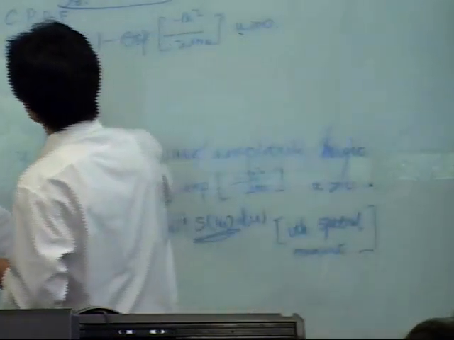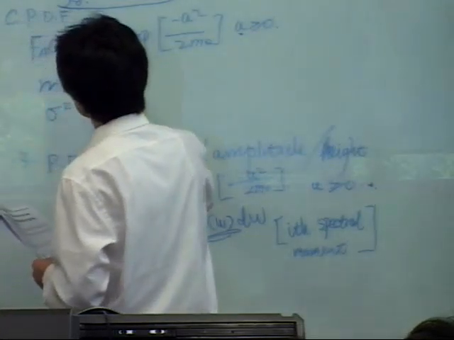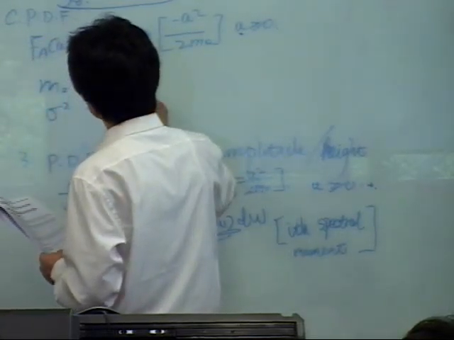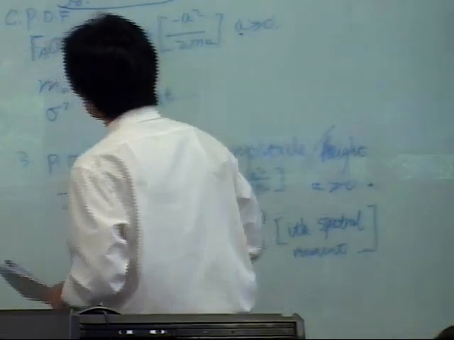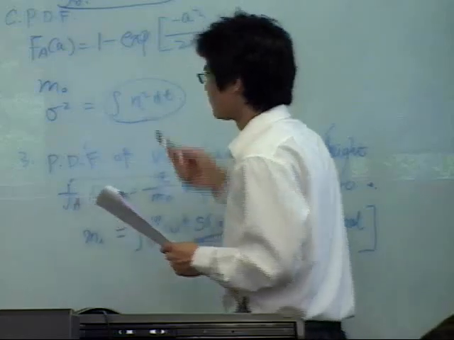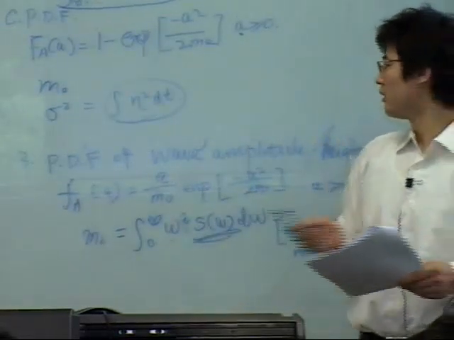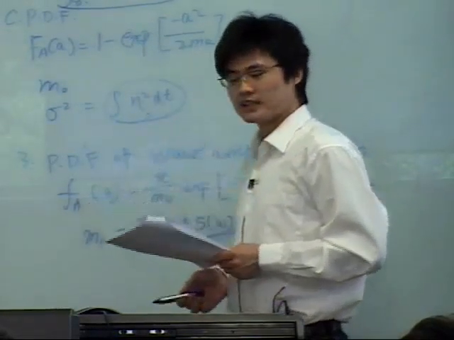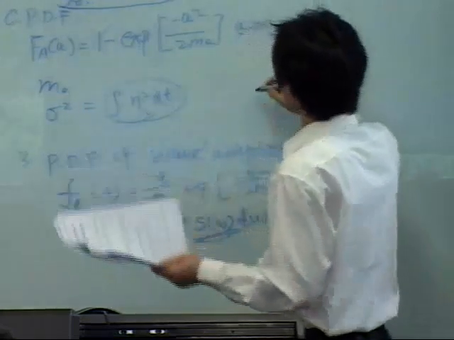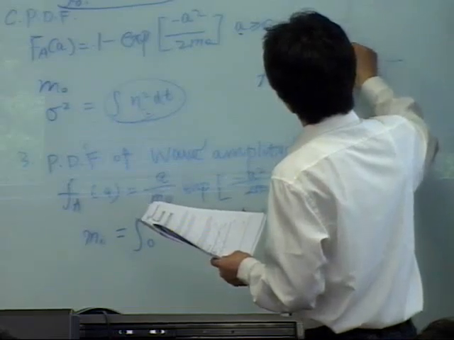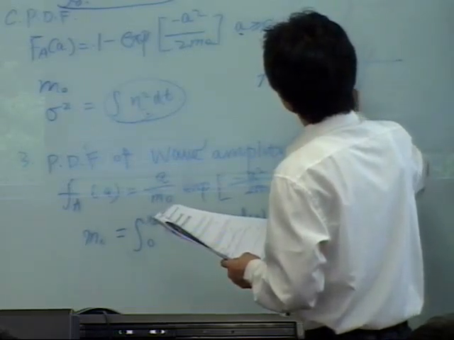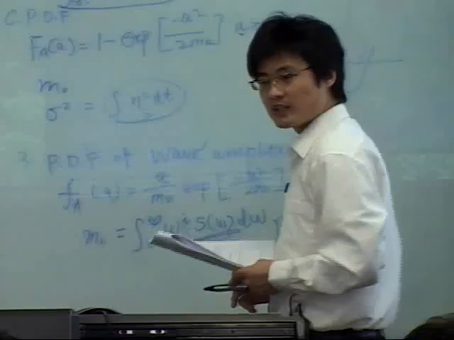How about this sigma squared, the variance? What is this? This is also the total energy, A squared. If you have a sinusoidal wave with amplitude A, the energy is proportional to A squared.